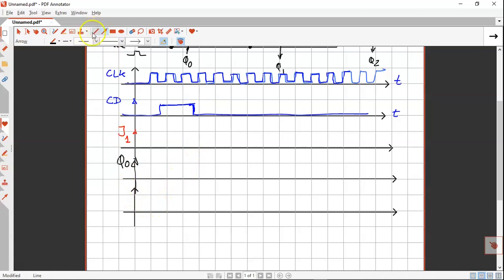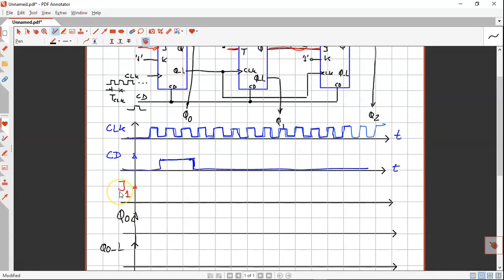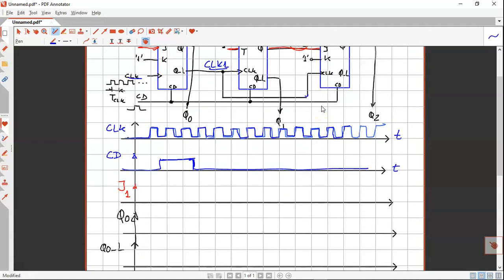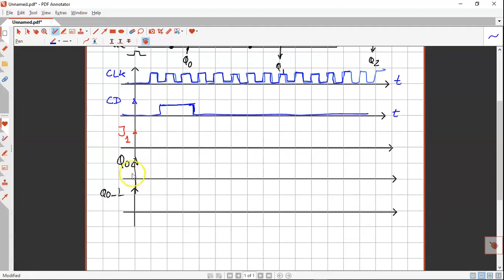So this is really very important to represent. It is going to be Q0 naught, all right? And Q0 naught may have a good name, for example, clock 1. You see, in this way you have one clock and another one which is applied at the same time to the two flip-flops, chip 2 and chip 3.